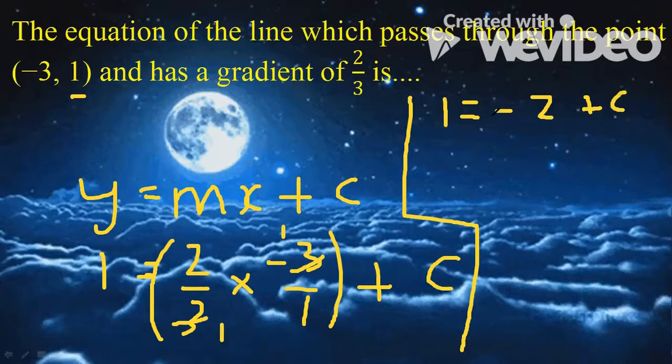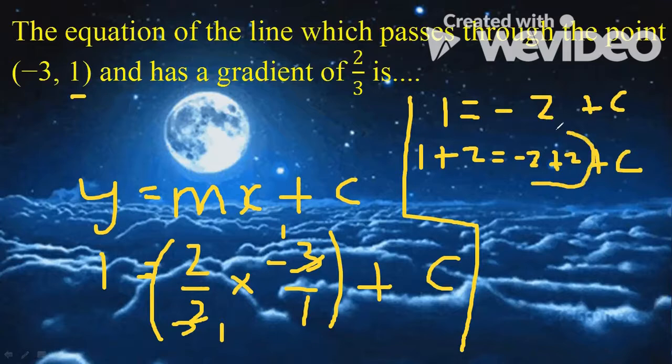So I'm going to add plus 2 on the left and also on the right. So 1 plus 2, that's 3, equals -2 plus 2 plus c. That will go away. Therefore, c is equal to what? 3. So we're not finished, because we need to write the answer now too.